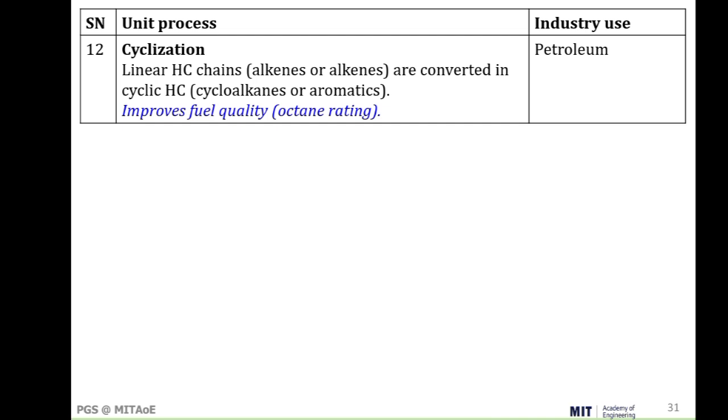Another unit process is cyclization. Linear hydrocarbon chains like alkanes, alkynes and alkenes are getting converted into cyclic hydrocarbons.